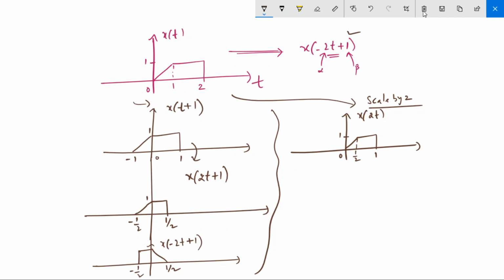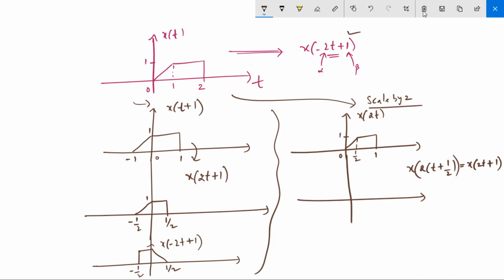Okay, after scaling you can either fold it or shift it. Okay, let us suppose we first shift it. Now since we have to shift it and you have to get x of 2t plus 1, it means you have to shift it by t plus 1 by 2. Then only it will become x of 2t plus 1.